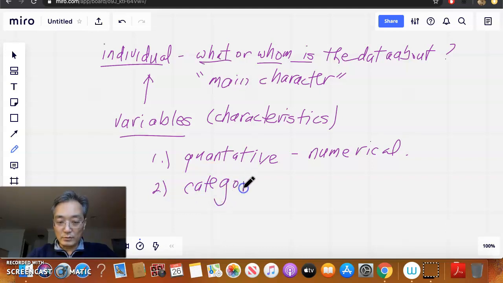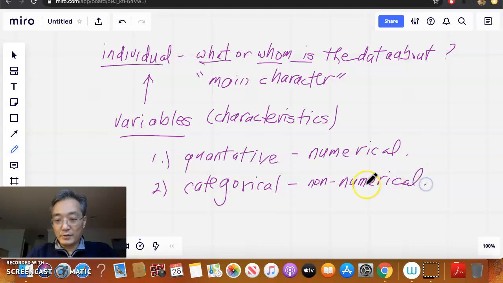And categorical usually refers to non-quantitative, things that can't be represented numerically. So for instance, color, or characteristics that can be answered using yes or no questions. So I'm just going to say non-numerical for now. And another way to call it is qualitative.